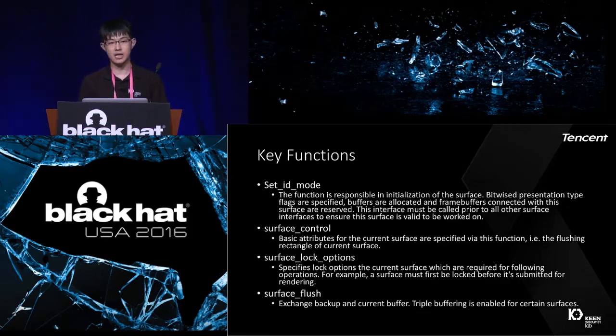It is related to the double buffering and triple buffering of the graphics pipeline. If you call surface flush on a double buffered surface, it will exchange the backup and the current buffer. Some surfaces have triple buffering support, so if you call surface flush, there is a more complex process, and we will not elaborate on the detail here.